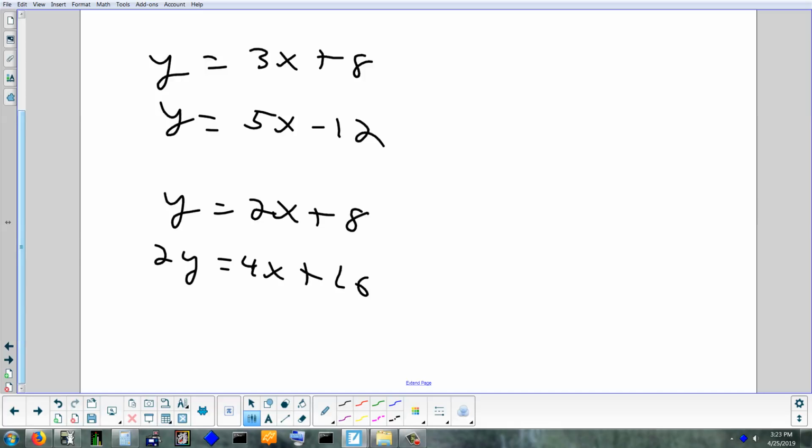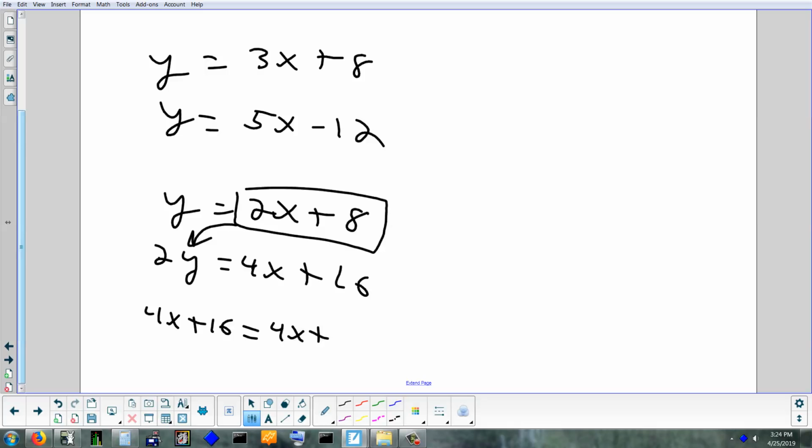So what method could you use to solve this one? It's already kind of set up for it. Substitution. So y is already by itself here. So where would you plug that in? In for y. And now if you did 2 times all of that, what would you get? Oh, would it be infinite? This would be infinite, because you get 4x plus 16 equals 4x plus 16.